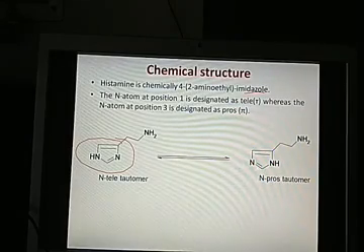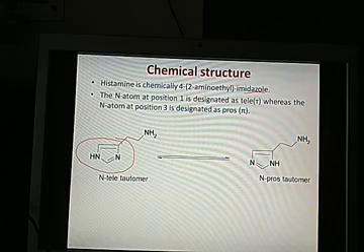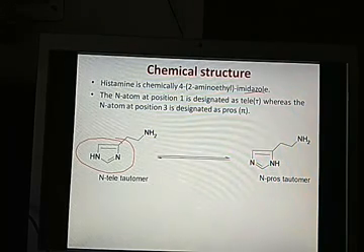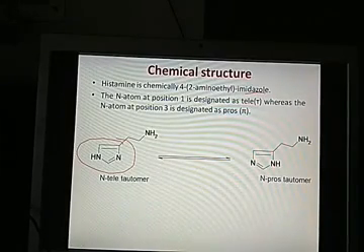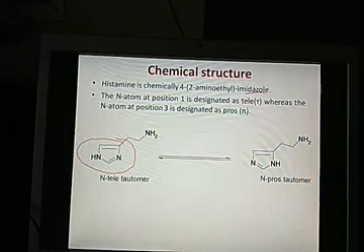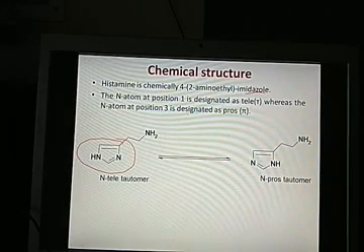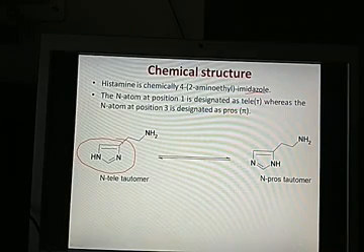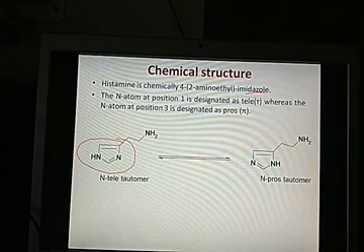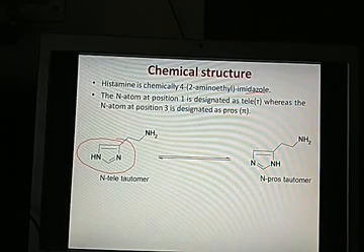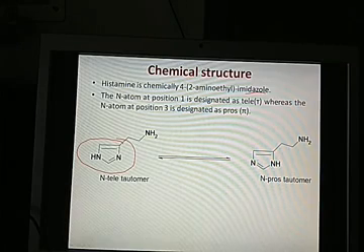Now, the numbering system in this imidazole ring system can start from here, 1, 2, 3, 4, or it can start the other way around, but the correct numbering starts from here, 1, 2, 3, 4. So this is the fourth position, onto which this CH2 ethyl group is attached.